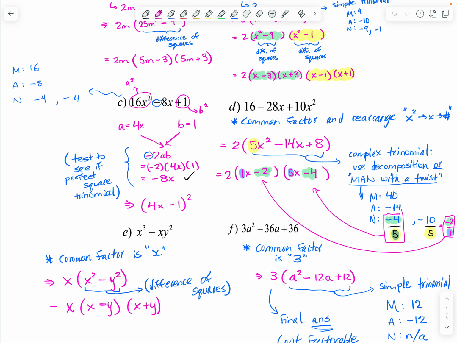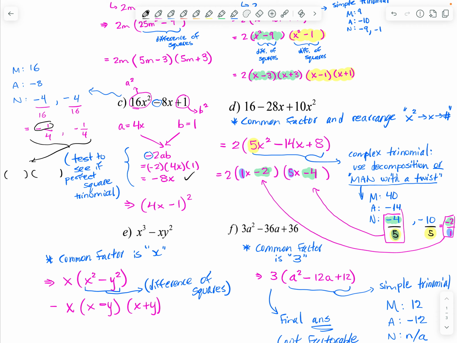And with man with a twist, I'm just going to divide each one by a, so 16. So divide this by 16, divide this by 16. Here I'm going to get, and notice they're the same, right? -1/4, and the next one is -1/4. So now I can write my two answers as man with a twist. So it's going to look something like this.